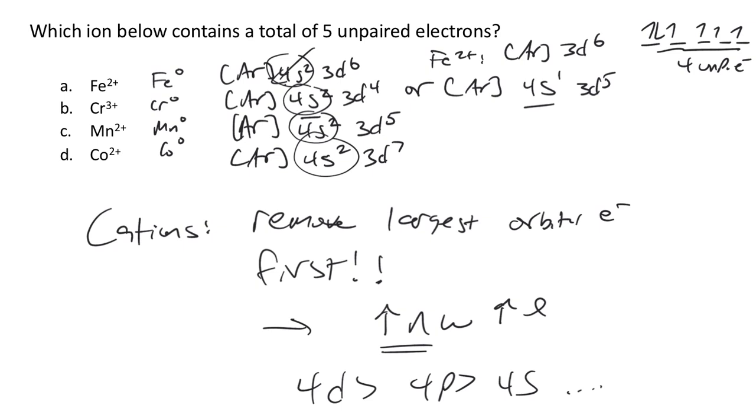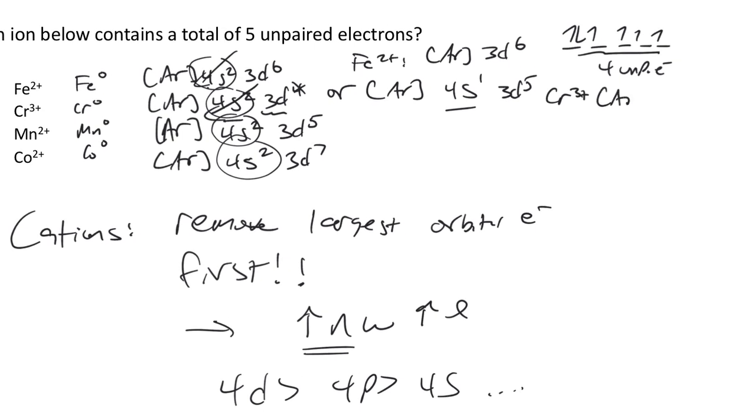For example, chromium 3+, let's remove electrons from the expected configuration. I remove 2 from the 4s, then I have to go to the next largest orbital. The next largest orbitals I would have are the 3s, the 3p, the 3d, of which the 3d are the biggest. So then I take 1 away from the 3d. So for chromium 3+, the configuration would be argon 3d3.